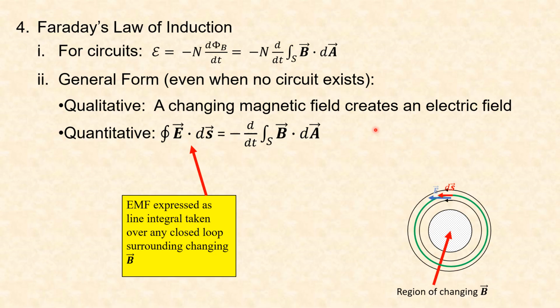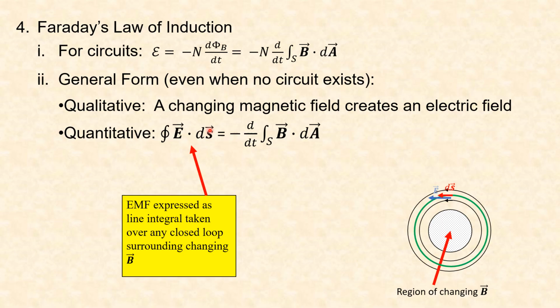So you really see that the left-hand side of Faraday's law, this more general form, now looks identical to that of Ampere's law if we were to simply replace electric field with magnetic field. I'm saying this because you have a lot of experience applying Ampere's law, and with the exception of having an E for electric field rather than B for magnetic field, everything else about this expression and how you evaluate the line integral would remain the same.